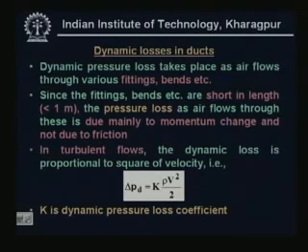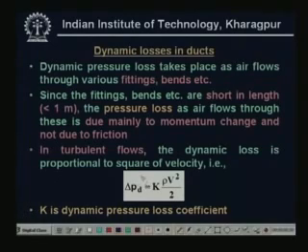And in turbulent flows, it is observed that the dynamic loss is proportional to the velocity pressure, or the square of the velocity. That is given by this expression here. This is the dynamic pressure drop or dynamic loss, which is proportional to velocity pressure rho v square by 2, and the proportionality constant K is known as the dynamic pressure loss coefficient.